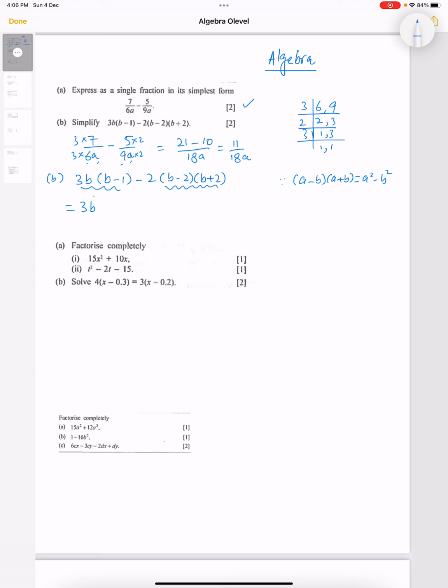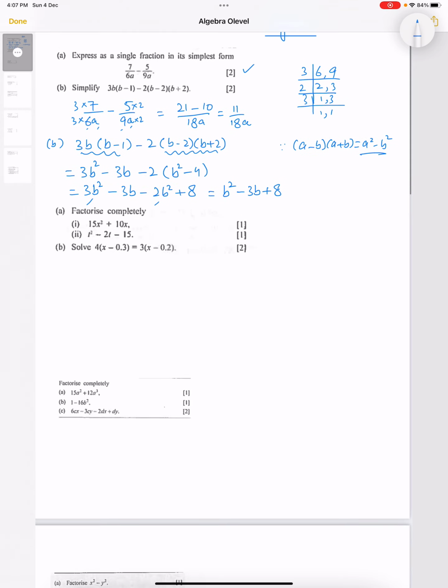It becomes 3b squared minus 3b minus 2 into (b squared minus 4) according to this identity. So finally it becomes 3b squared minus 3b minus 2 times b squared plus 8. 3b squared minus 2b squared makes b squared, and then we have minus 3b plus 8. That's the final answer.